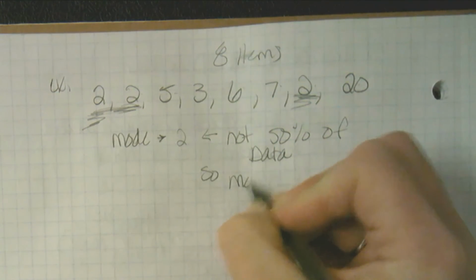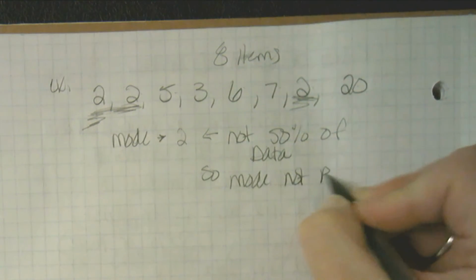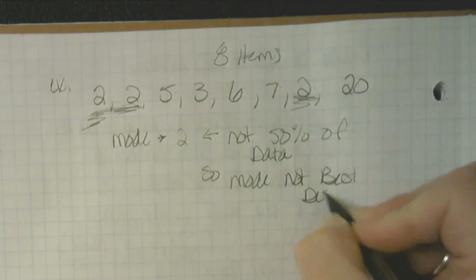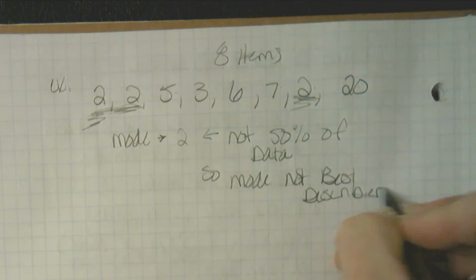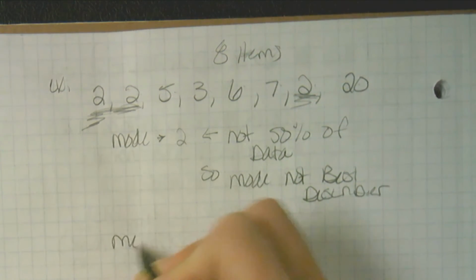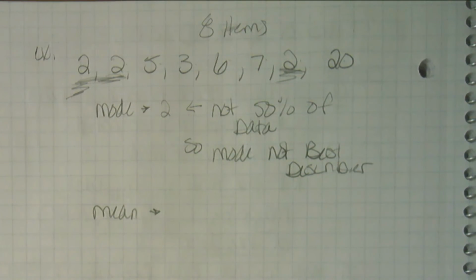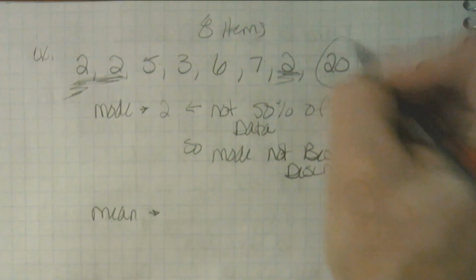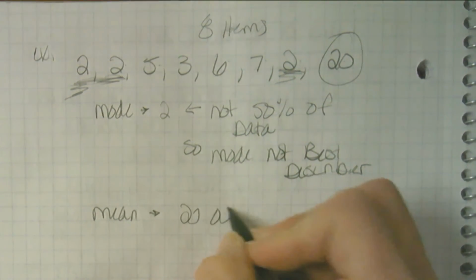So, mode, not best describer. All right, so now I'm going to move on to mean. So mode is not best describer. Is there an outlier here? Jacob? Yeah, this is our outlier. So 20 is an outlier.